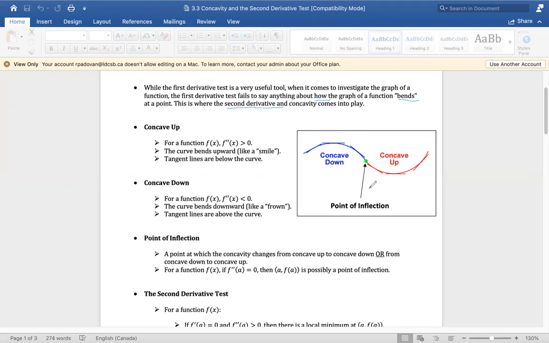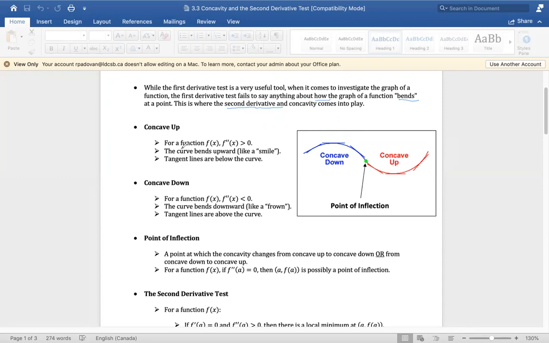If I was looking at something that was concave up, if we look at the red portion here of our curve, if I'm looking at the original function f of x, and the second derivative, f double prime of x, is greater than 0, then that part of the curve would be concave up. So concave up, think of it as a smile.